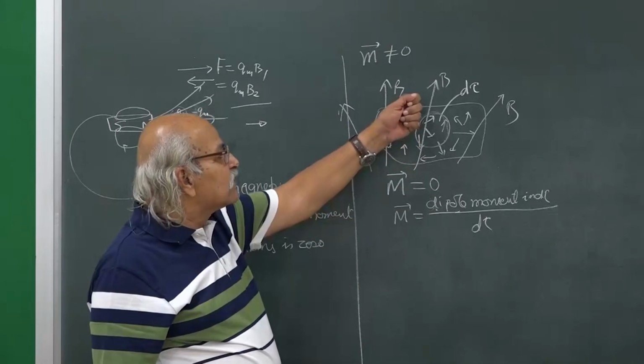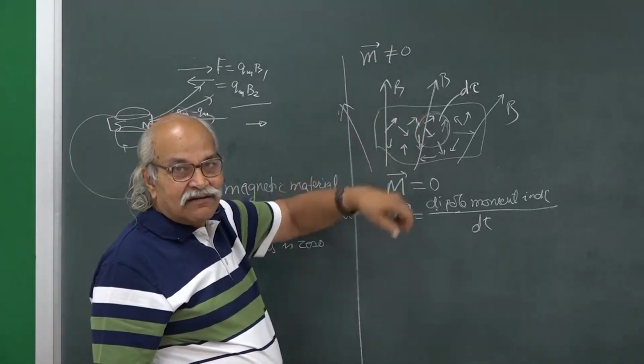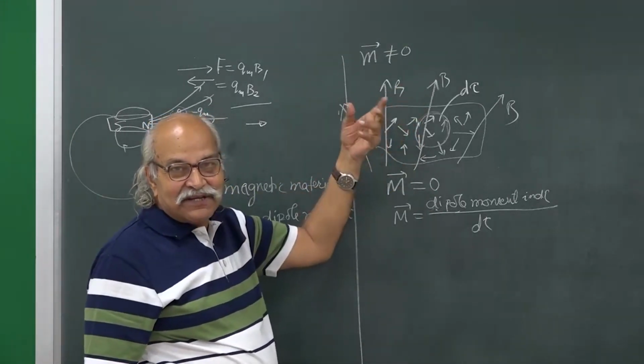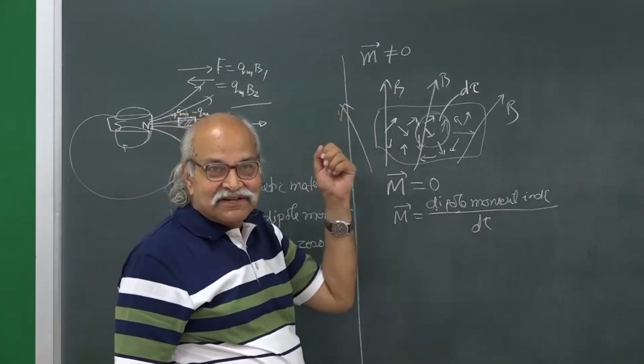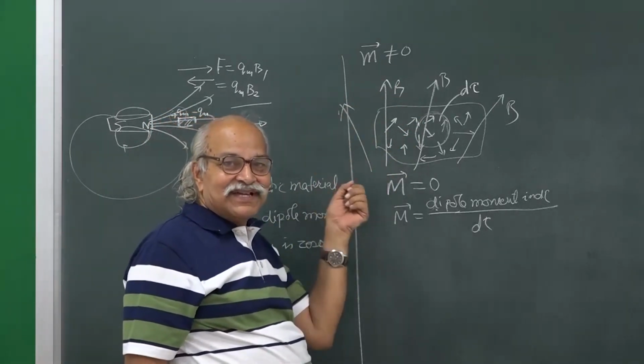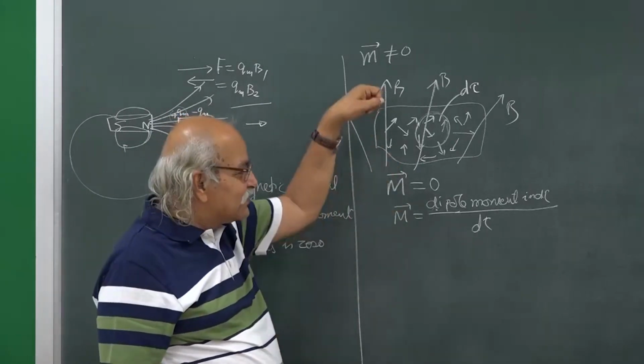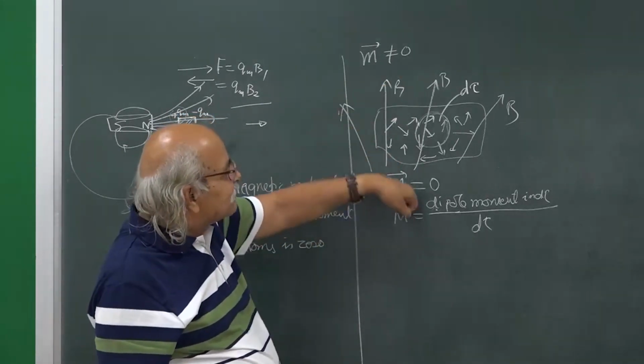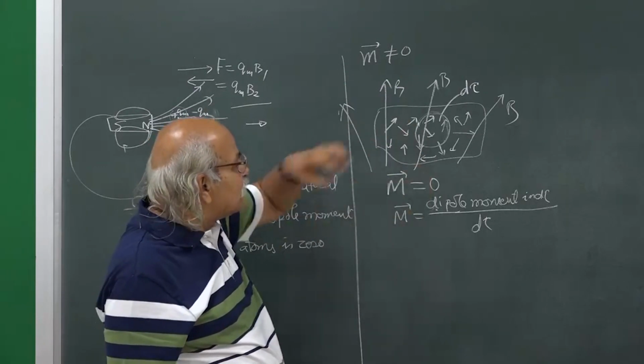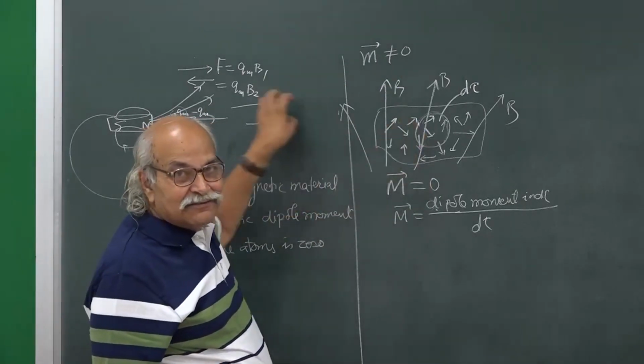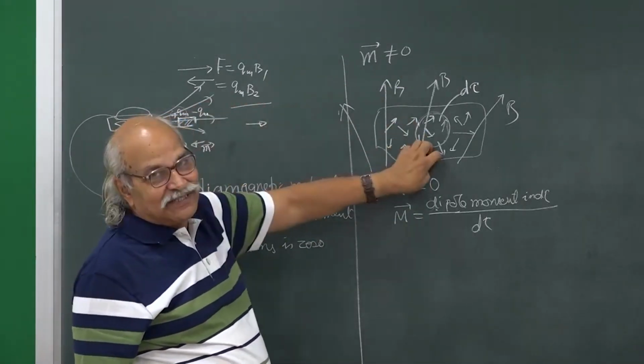When I switch on the magnetic field, then the flux changes and a reverse current will be induced, and therefore, you will have an extra magnetic moment in the opposite direction. So, that phenomenon which was there is also here.